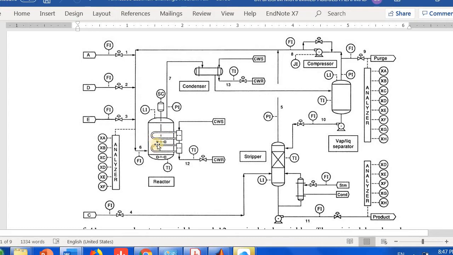So what do you have here? You have a reactor, a condenser, a separator and a stripper, which also acts as a separation process, and you have a compressor here because the reaction is at a certain temperature and pressure.